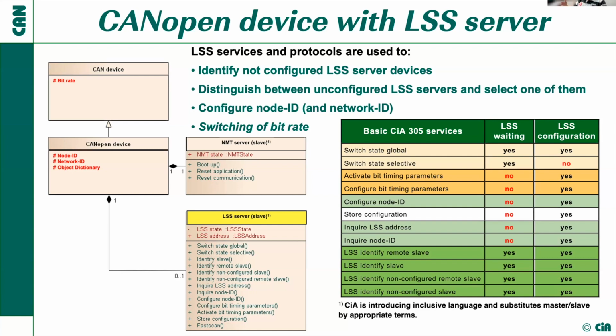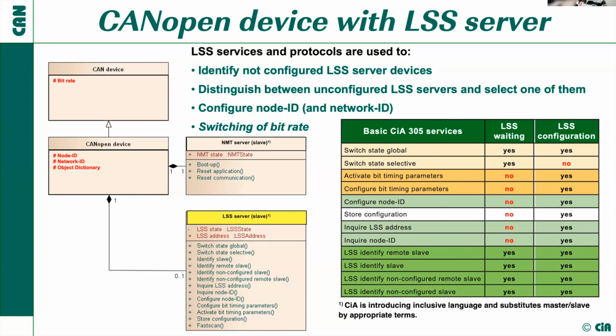Such a device maintains a state machine, so it is usually in an LSS waiting state where it waits, as the title says, for further commands, and then in a configuration state. Typically I switch exactly one device into this configuration state in the system, and then I can treat this device, hand over a new node ID, store that node ID setting, and so on.